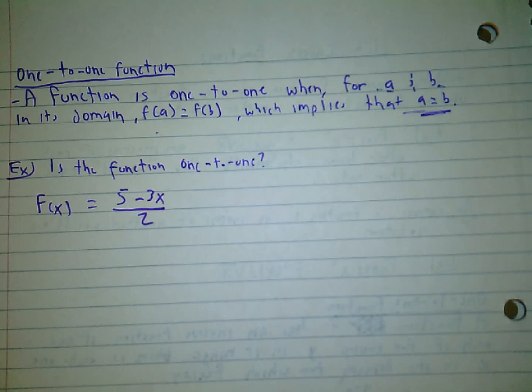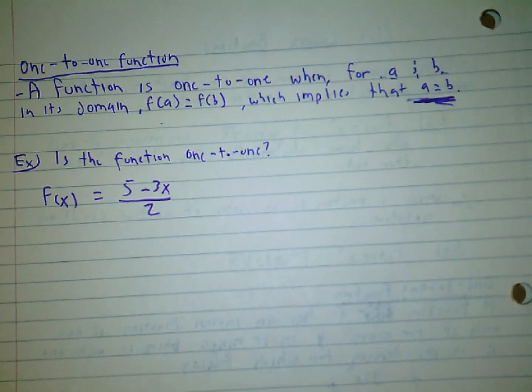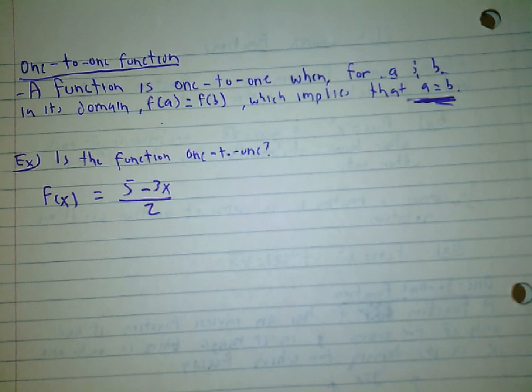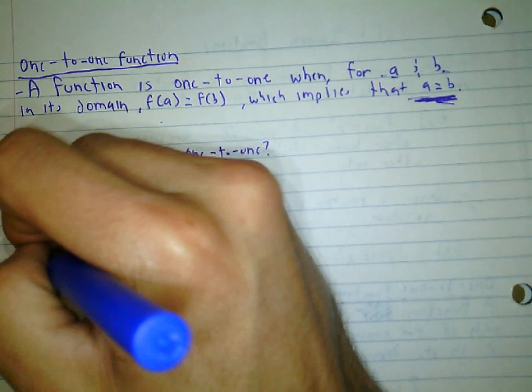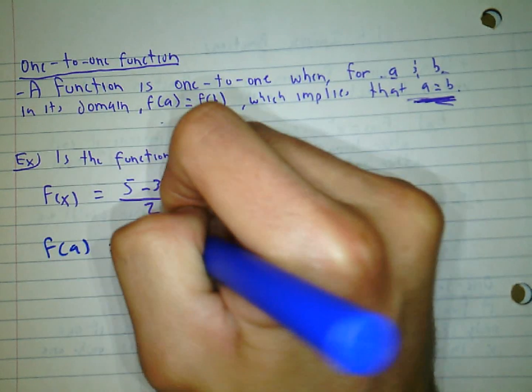If this is going to be true, then that means this statement has to be true. So in order for us to do that, we have to figure out what f of a is and what f of b is. What we're going to do is find out what f of a is, and set that equal to f of b.